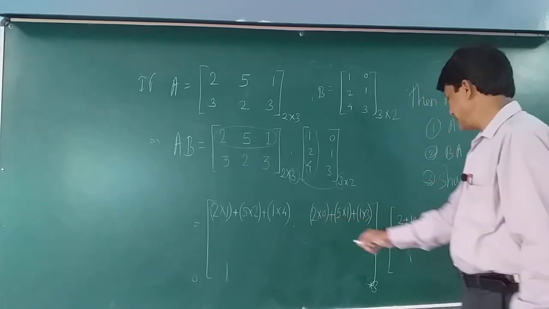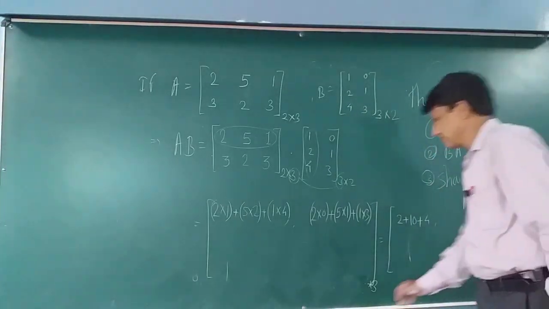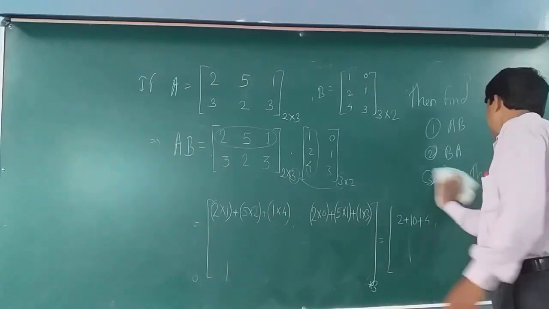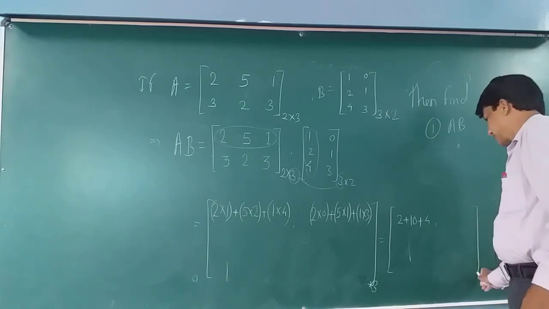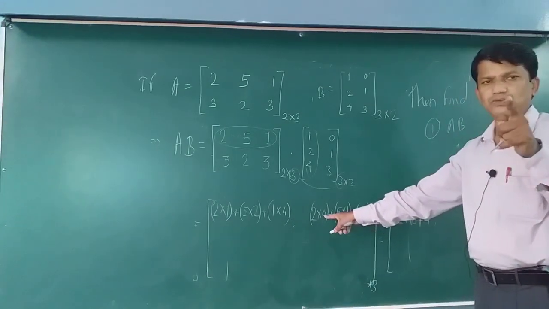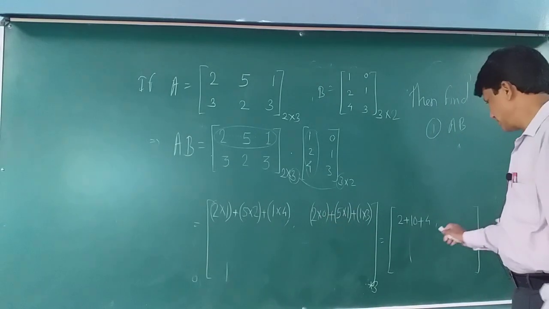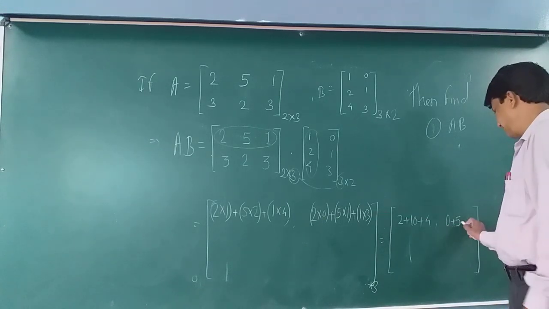So what is the answer here? Here 2 into 0, 0. Plus here 5, here 3.